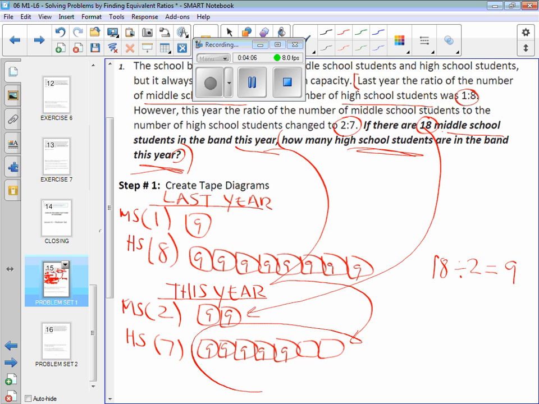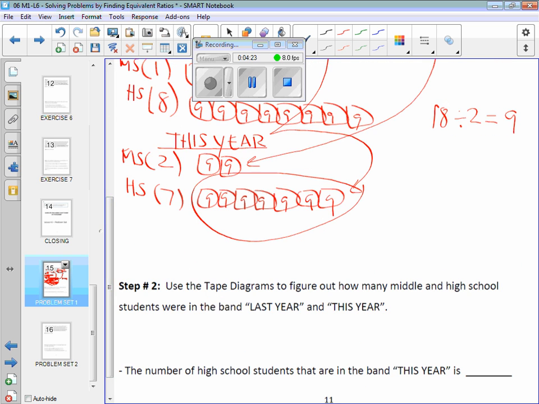There it is. How many boxes are there? Well, 9 times 7 is? 63. The answer is 63. You got to kind of just break it down step by step by step.